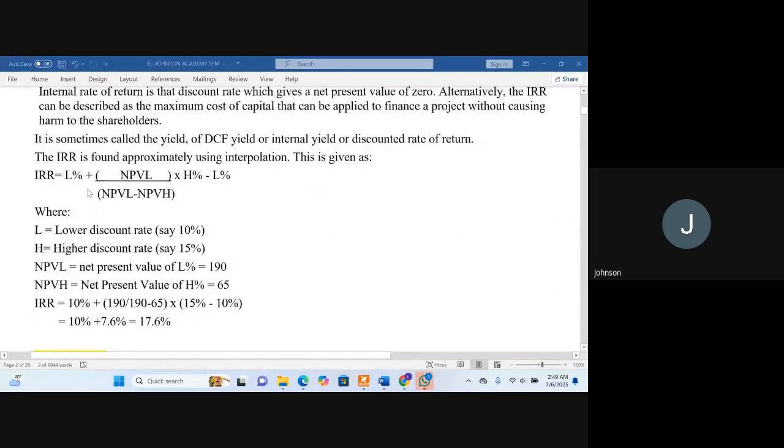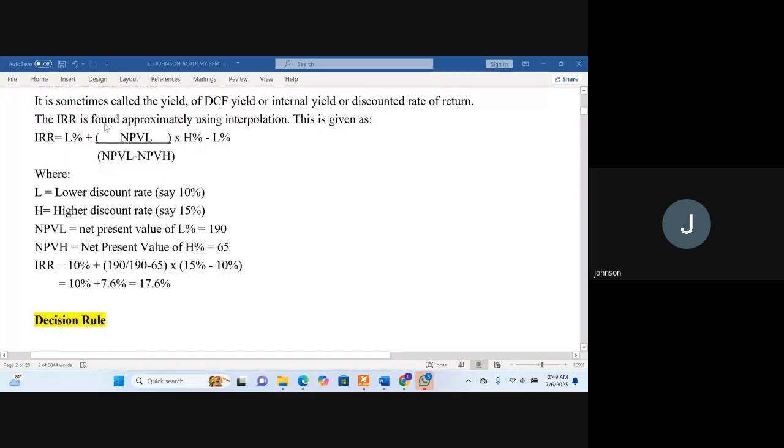All right, so let's now look at how to calculate this IRR. We always use a formula. The IRR is found approximately using interpolation.